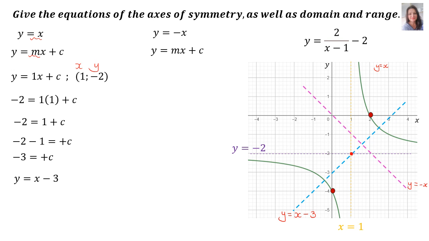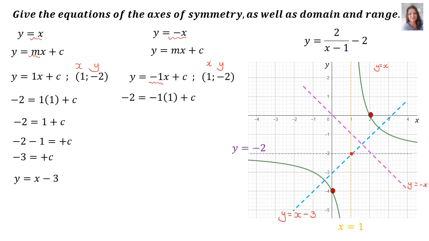Therefore, we will calculate a new equation for a new axis of symmetry. Therefore, y is equal to mx plus c. Then, as I said, your line will be parallel to the line y is equal to -x. Therefore, the gradient will also be -1. And then you will substitute the point (1, -2) into your equation. Where did I get the point (1, -2)? That was the place of intersection of the two asymptotes.